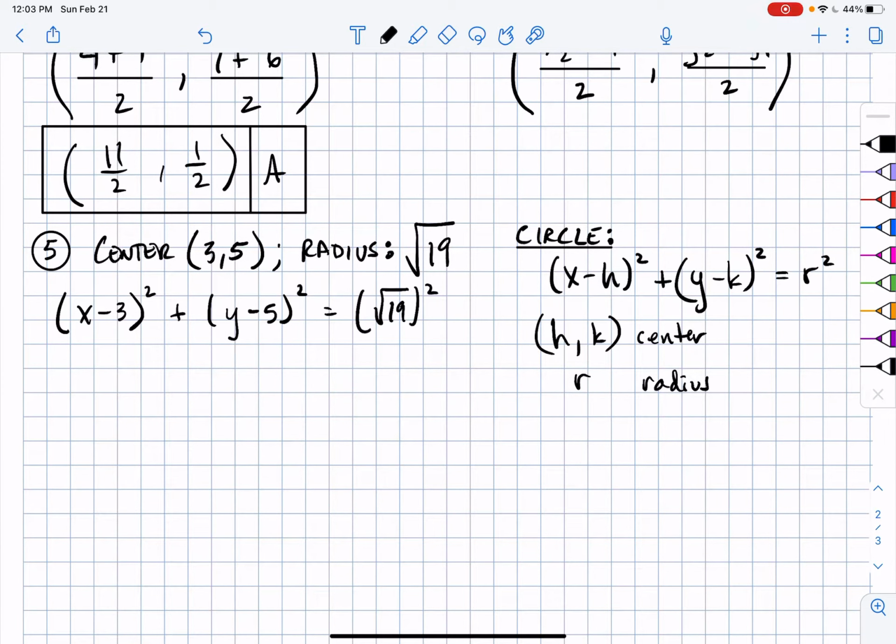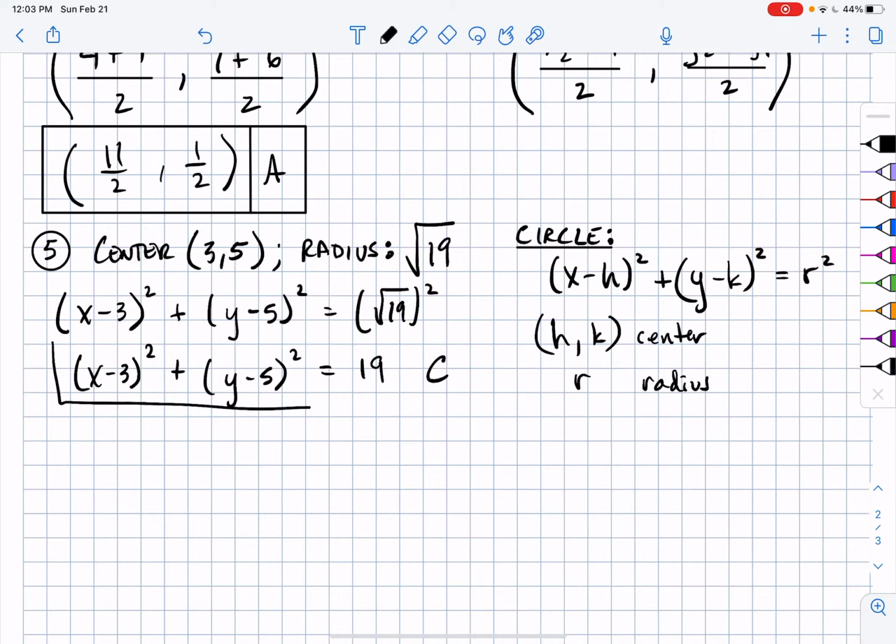So I don't have to do anything with the x minus 3 right now because it's not asking me for a standard form. So y minus 5 squared, and the square root of 19 squared is just going to be 19. All right, so that is going to be answer C. All right, there we go.